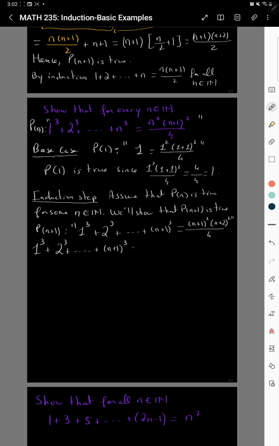Now remember, the goal is to be able to use the induction hypothesis. So I need to let the induction hypothesis appear at some step, basically. Oh, wait a minute. Oops.